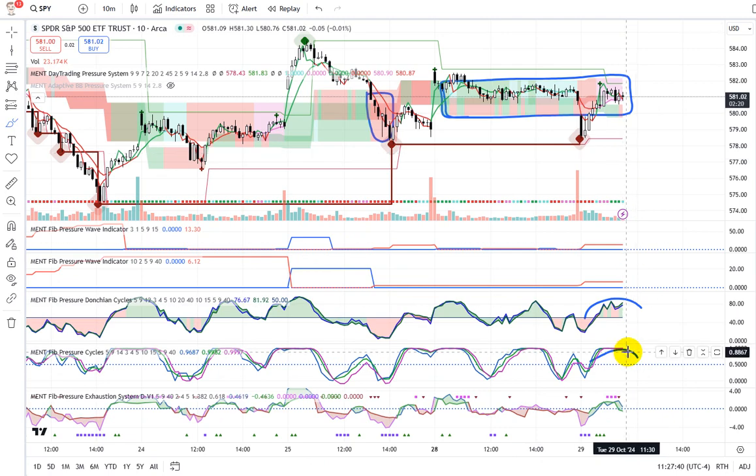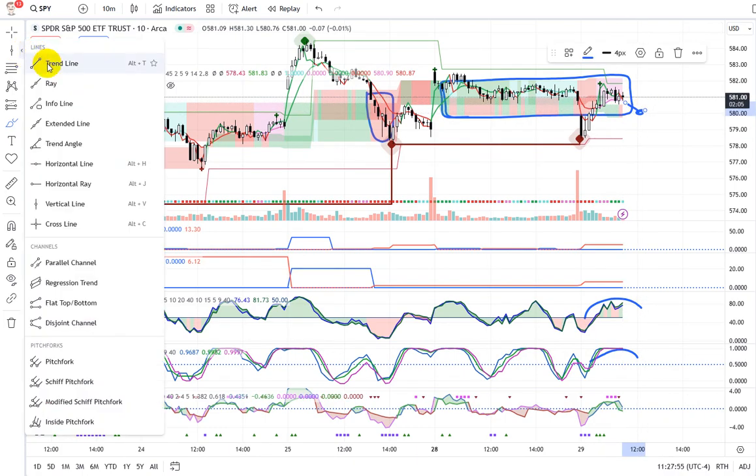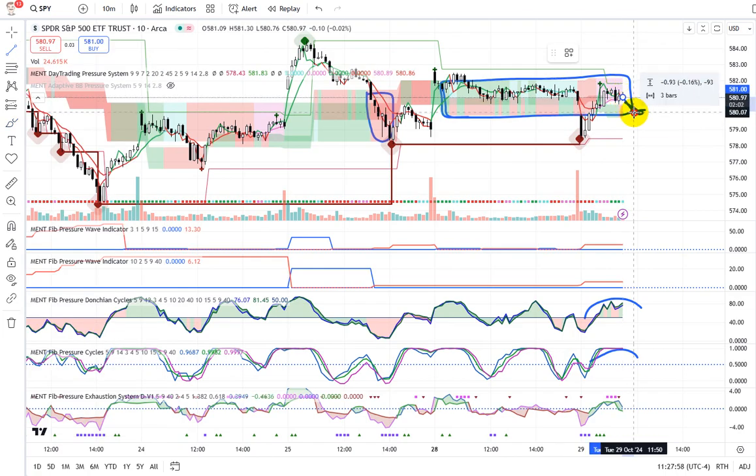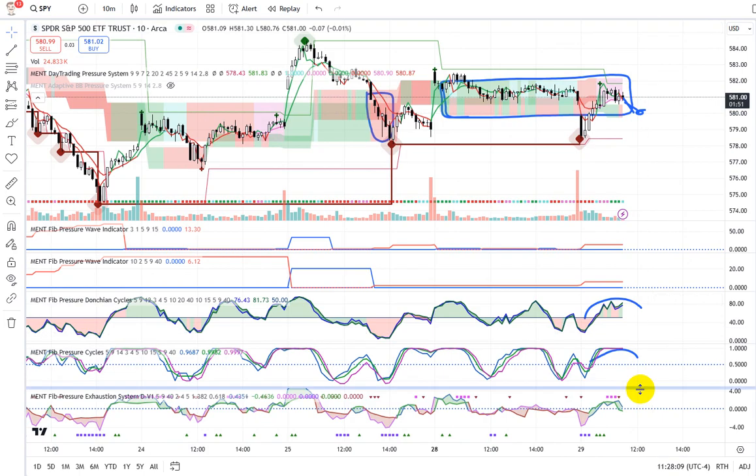Knowing that we're near a cycle top, knowing that we've seen this rollover, knowing we're in this congestion, and knowing that it's struggling, yeah, I could probably play a trend move, maybe back down into this area, maybe potentially netting something like $1. About 96 cents is what it would be on the SPY. And I could maybe play that based on the fact that I have this cycle downward trend.